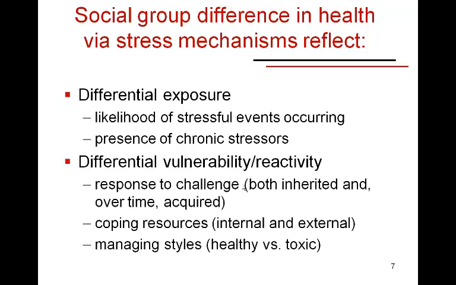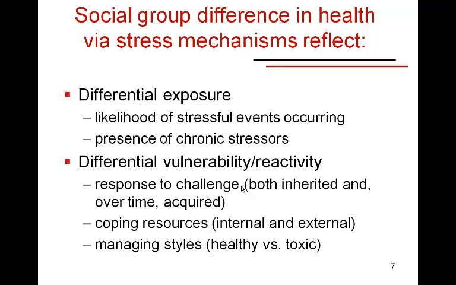And the other dimension is that social groups may experience differential vulnerability or reactivity in the stress response to exposure to stressors. And that can reflect differential response to a stressor challenge as a function of something inherited or over time acquired and learned.